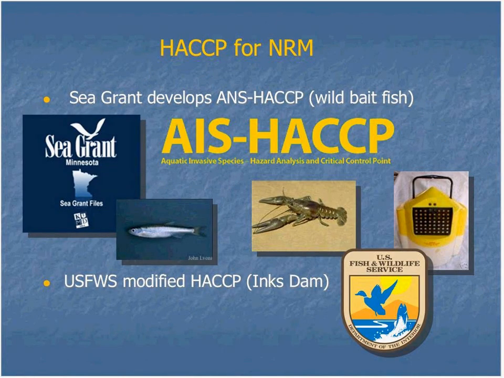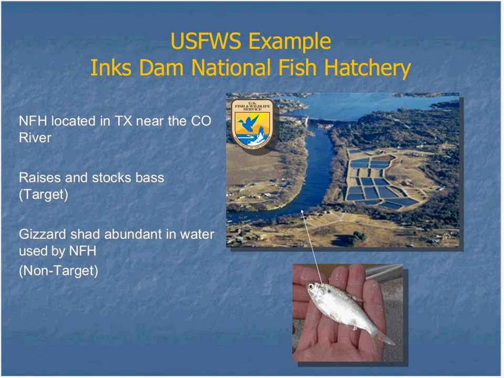So how did it come to be in the natural resources management arena? We developed, like, nuisance species HACCP for the wild bait fish industry. The Fish and Wildlife Service developed it after an incident involving one of their culture facilities at Inks Dam, Texas. Inks Dam is in Texas, near the Colorado River, and they raise and stock bass in these ponds here.